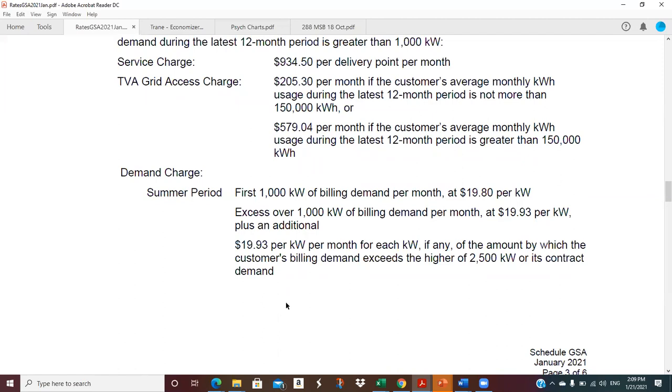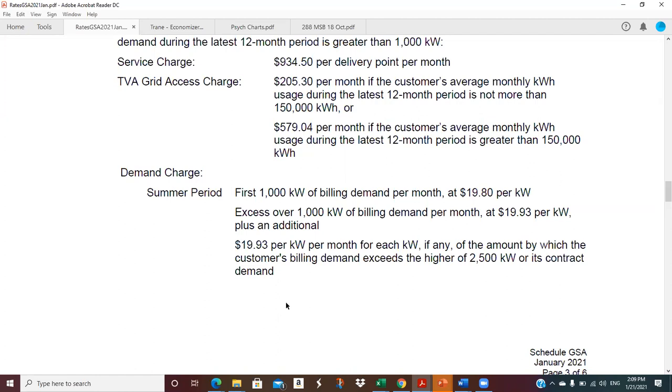Okay, so on demand charge, in the summer, the first 1,000 kW billing demand per month, 19.80. When I said those other rates were a little old, those other rates are probably 10 years old from when I made that PowerPoint. So now the first 1,000 are 19.80.